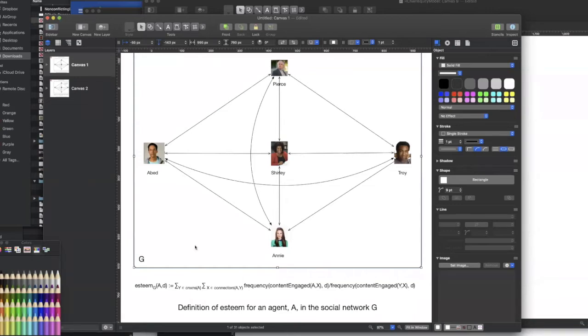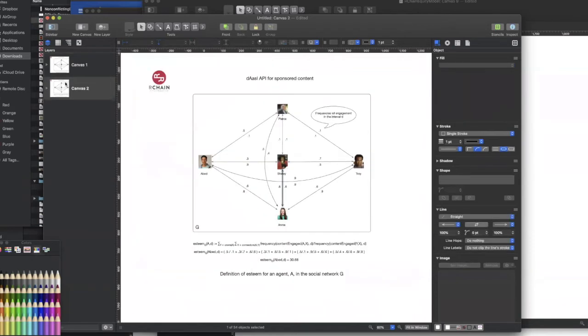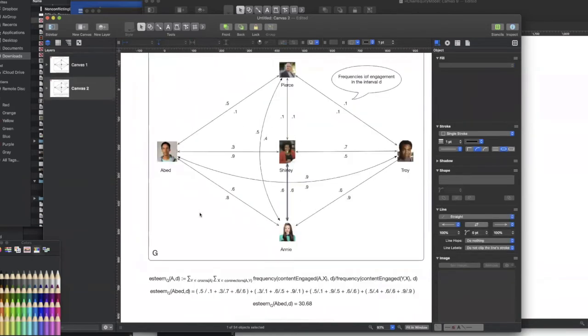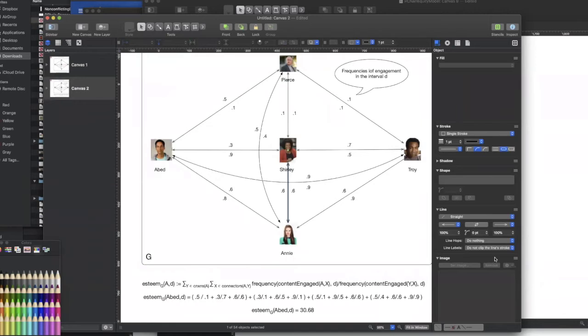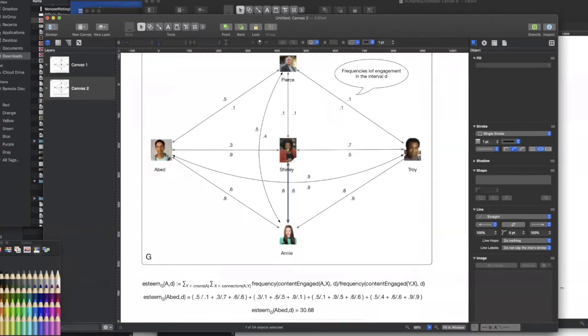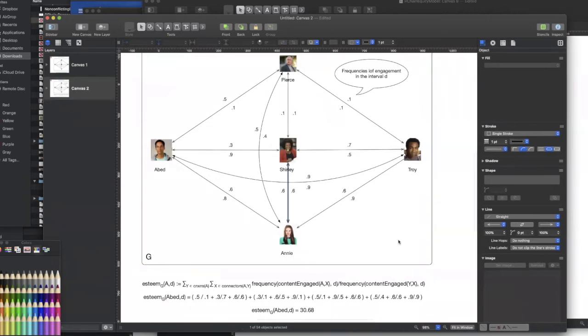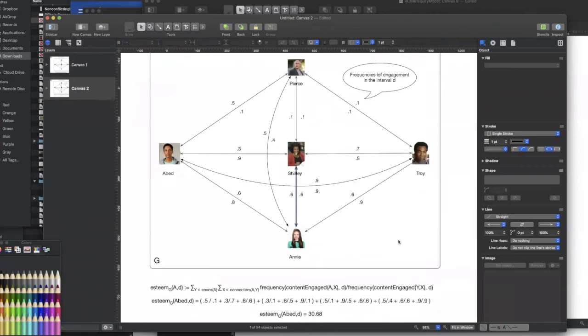So let's go through an example of a calculation. Is this big enough for people to see? Yes. Okay. Abed has 4 connections, so we expect to see 4 components: 1, 2, 3, 4. And in each component, we expect to see 3 ratios, because we're looking at connectors.